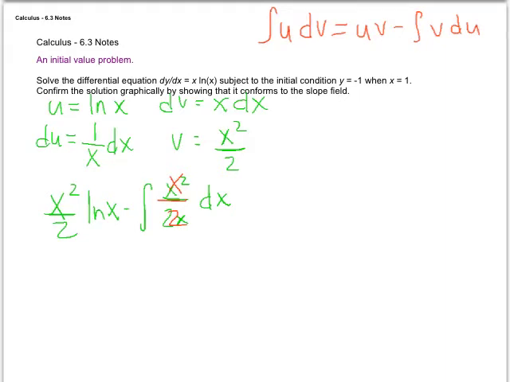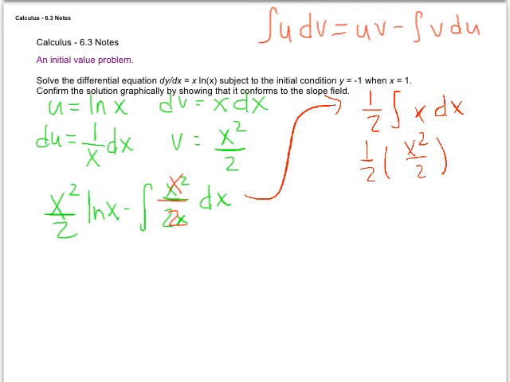And if you think about that just a little bit, what you're really integrating then is 1/2 the integral of x dx, which is 1/2 times x squared over 2. So now we're seeing some different things develop here with how to pick u's and dv's, and it can be very tricky to choose it the way that will work most efficiently. But just hang in there.